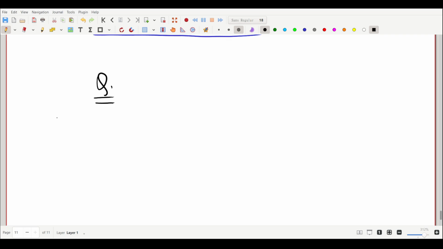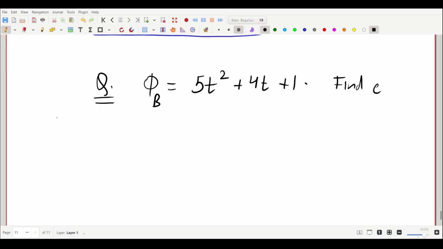If the magnetic flux phi B equals 5t squared plus 4t plus 1, it's completely time variable. Find the induced EMF, small e, through the coil at t equals 1 second.